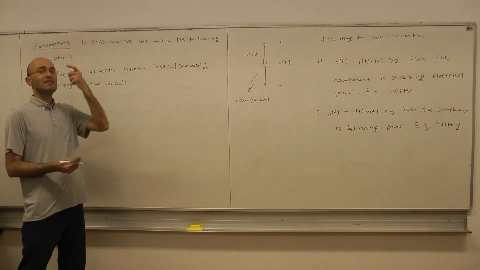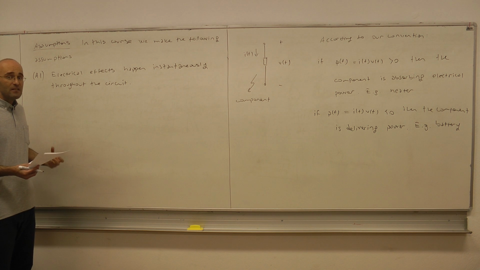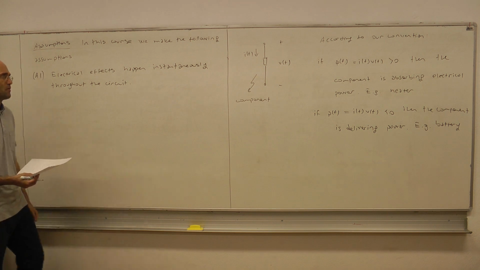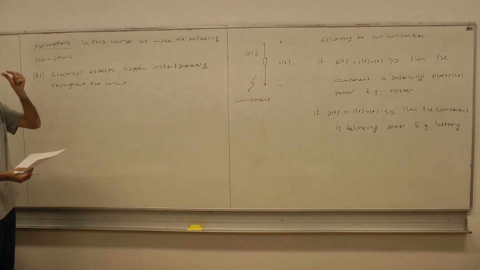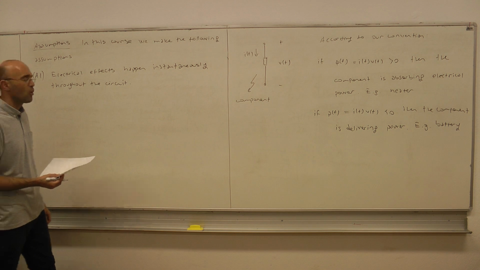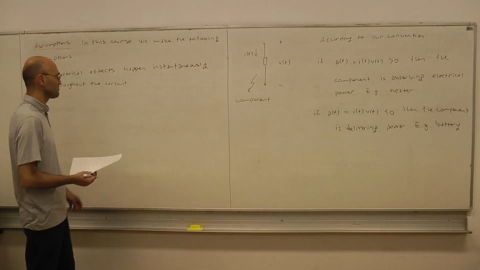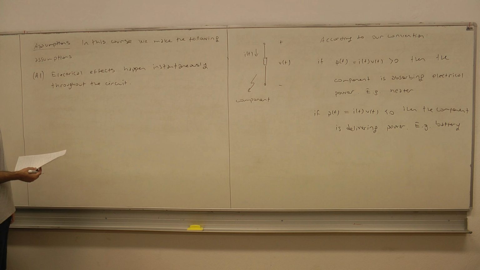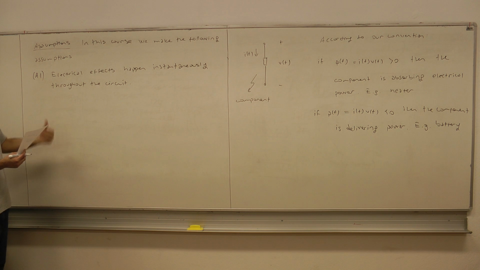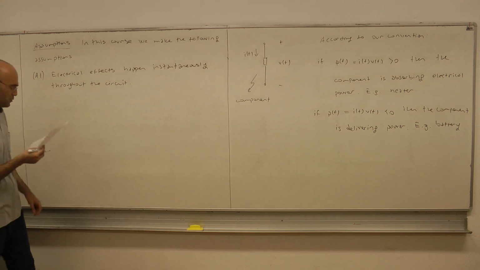That is, the instant that the light feels that I touched the switch. Okay? But the distance between those two instants is so tiny that we can suppose that the difference is zero. And roughly speaking, that's what we mean by electrical effects happen instantaneously throughout the circuit. Okay, so that's one thing.